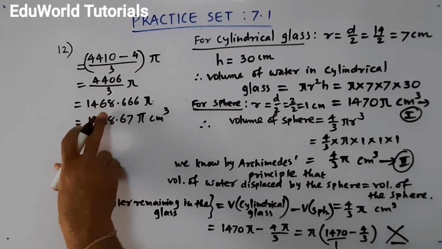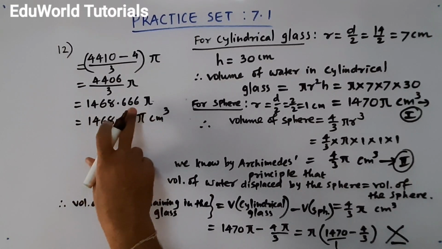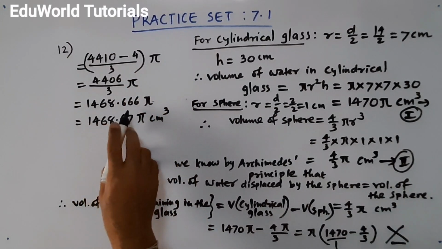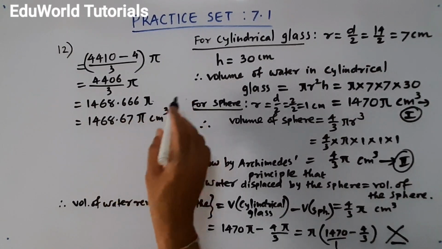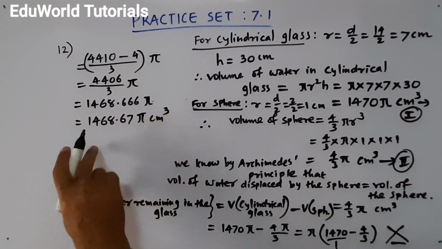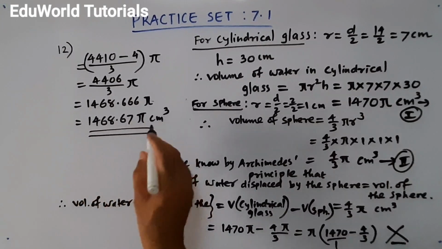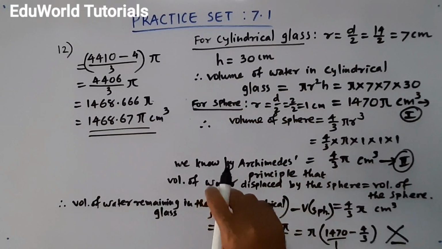So you have to do the division, and you will get a non-terminating type of value. Okay, so 1468.666, 6 is repeating. It is recurring pi, and if I round it off, it is 1468.67 pi centimeter cube. This much water will remain in the cylindrical glass after the sphere is immersed in it.